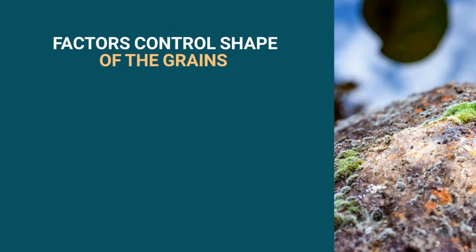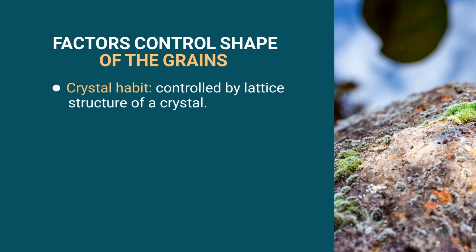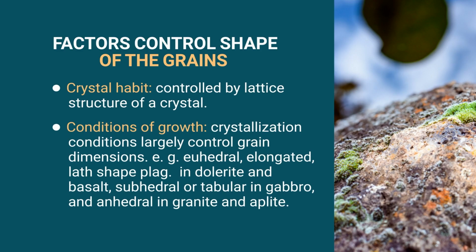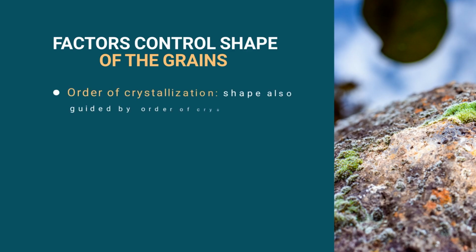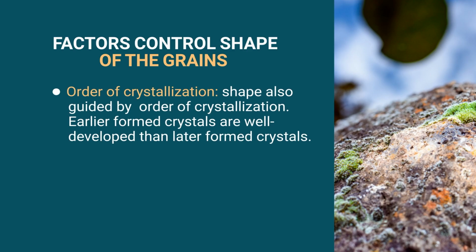Now the factors that control the shape of the grains: crystal habit, controlled by the lattice structure of a crystal, and conditions of growth. Crystallization conditions largely control grain dimensions, e.g. euhedral, elongated lath-shaped plagioclase in dolerite and basalt, subhedral or tabular in gabbro, and anhedral in the case of granite and aplite. The third important one is order of crystallization.